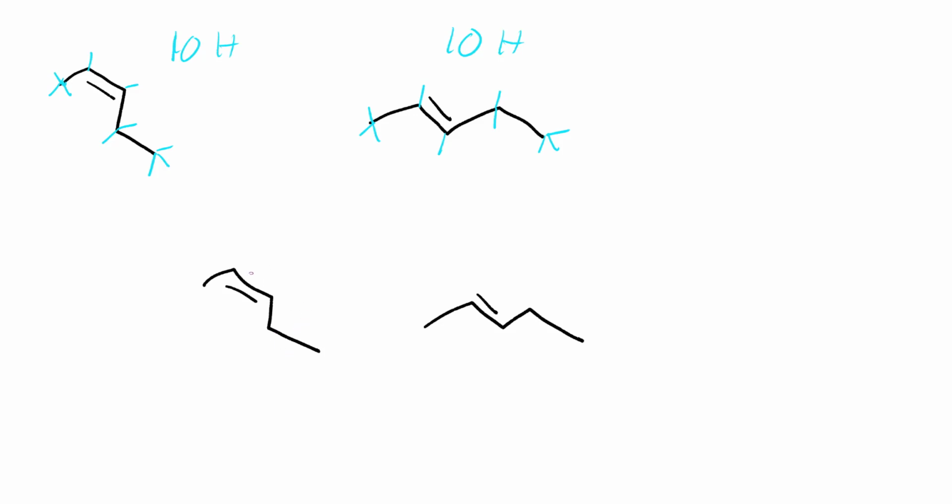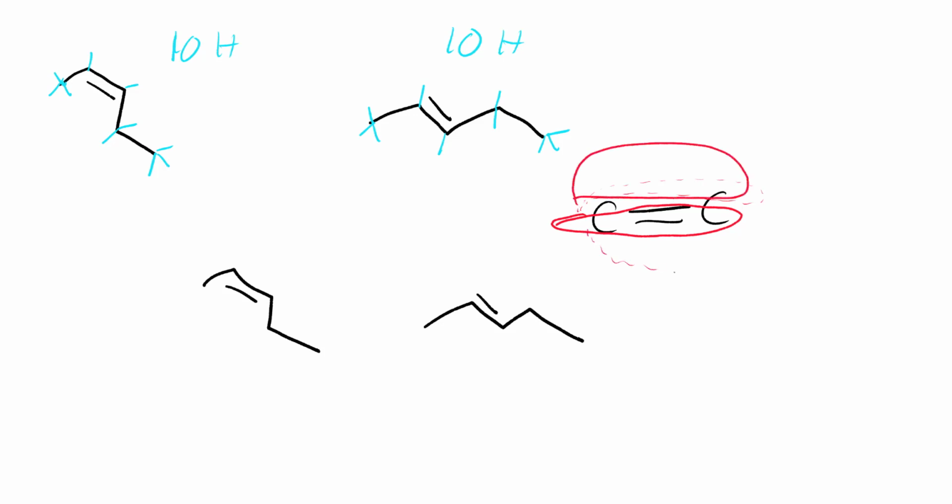The problem is that you can't do that. You can't rotate a double bond, because this carbon is connected to another carbon. With a pi bond, you have this balloon shaped thing going in the background, making a pi bond. So that's one pi bond, and you have this other one.